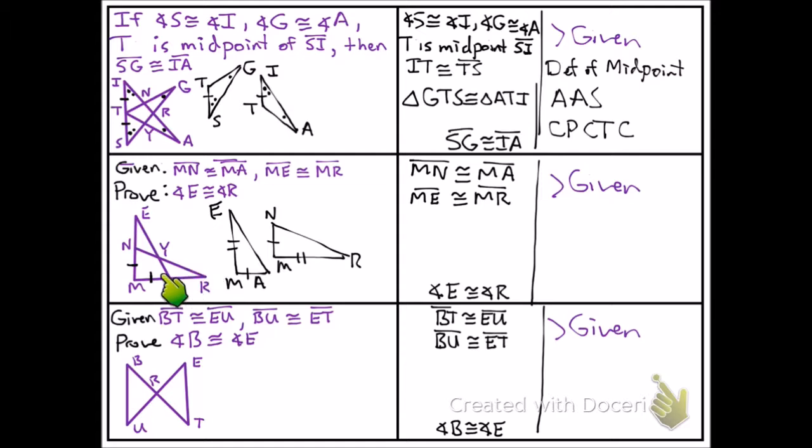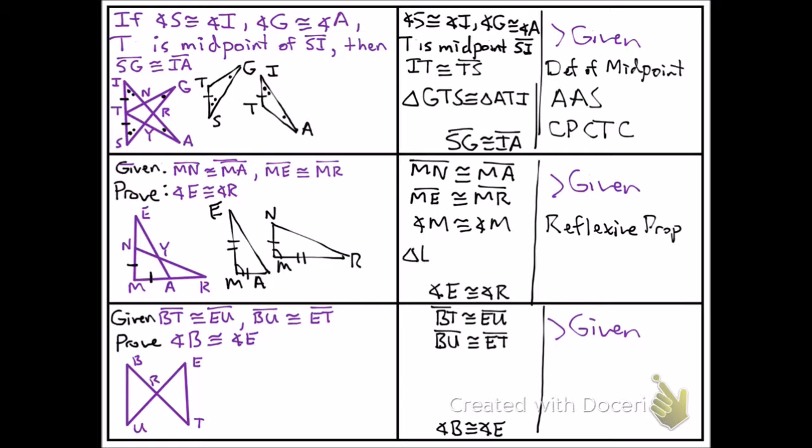What I do know is this angle right here was in both of them, this angle M. So this angle is going to be congruent to itself in both triangles. I don't have to technically name it with 3 letters because it's the single angle in both. So we're going to say angle M is congruent to angle M by reflexive property. Now we can identify our 2 triangles as congruent.